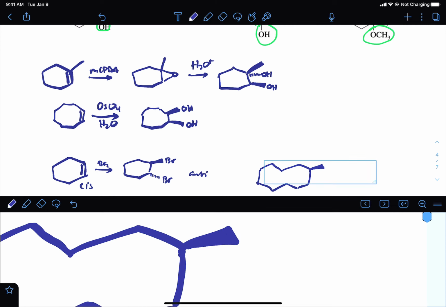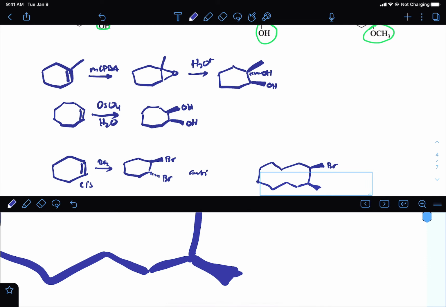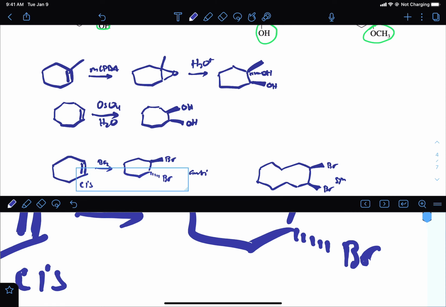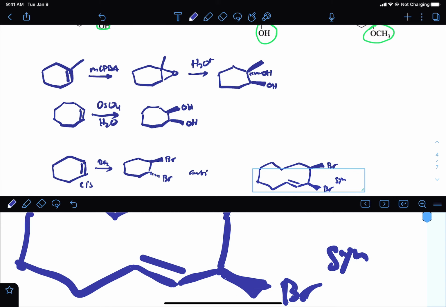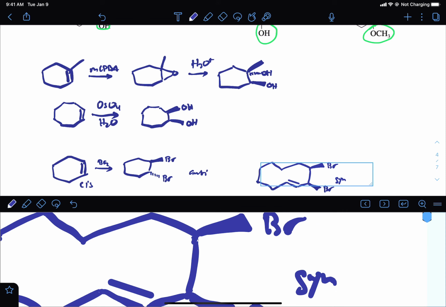If you want syn, you actually have to start from a trans double bond. Well, it looks weird because the way that the product is drawn, it looks like we have to put the double bond there, but this is a ring.